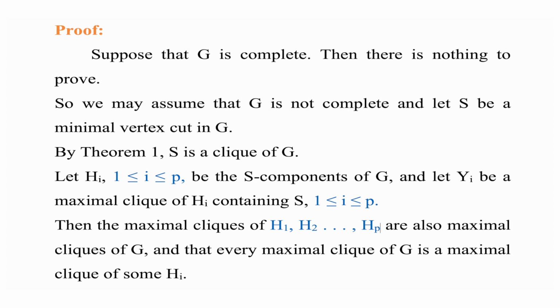Suppose that G is complete, then there is nothing to prove. So, we are going to assume G is not complete and let S be a minimal vertex cut in G. So, by Theorem 1, S is a clique of G. Let Hi, 1 less than or equal to i less than or equal to p, be the S components of G, and let Yi be a maximal clique of Hi containing S, where i lies between 1 and p.